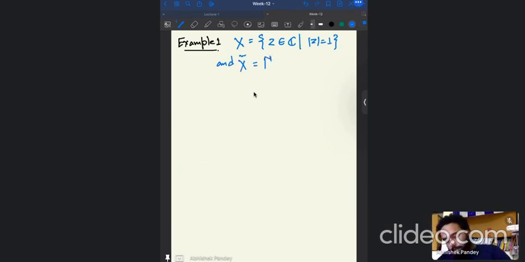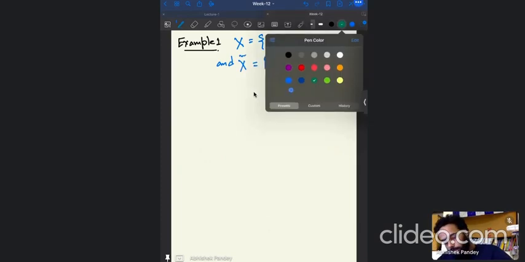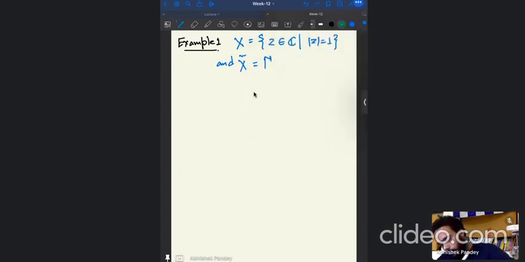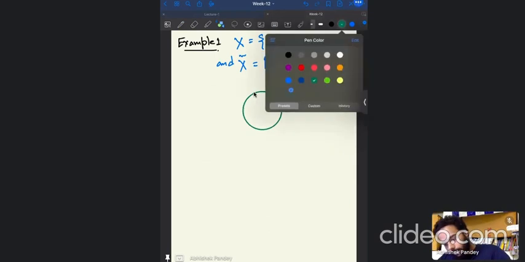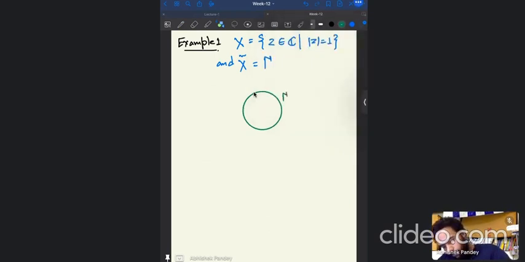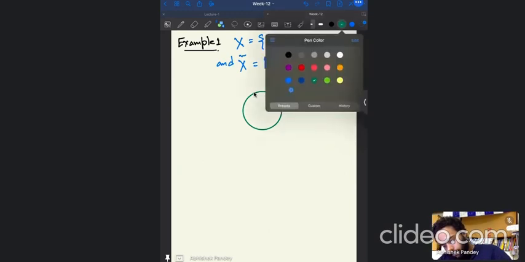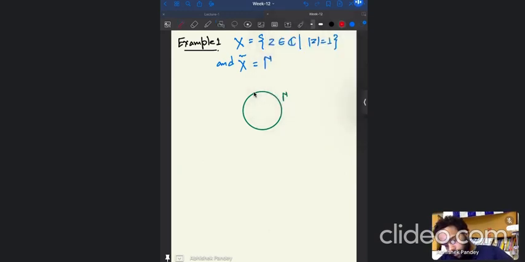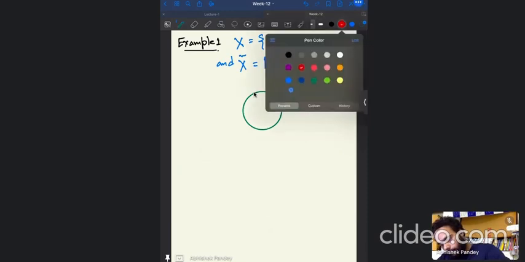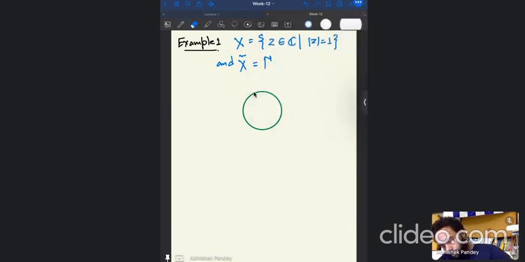So I will write what is this curve. So this is your unit circle, and the curve, so this is gamma. Sorry, so this is X. This is your X, and the next curve which I will draw is like this.